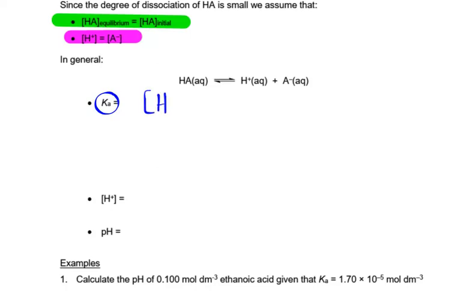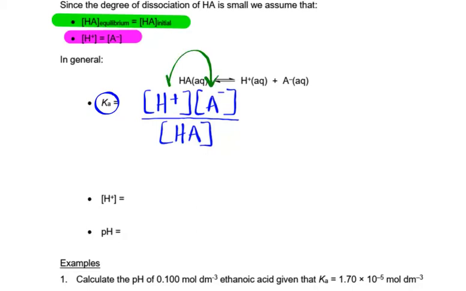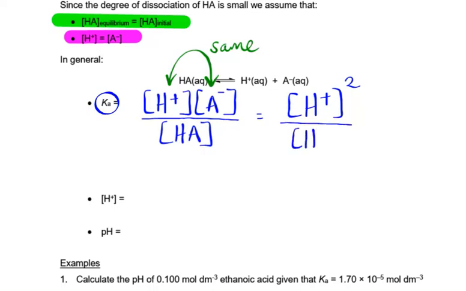So our Ka is the concentration of the hydrogen ions times the concentration of A-, so that's the rest of the acid, divided by the concentration of HA, which is our weak acid. Remember, we're saying that these two things are going to be the same. And if they're the same, then we can say that that's the hydrogen ion concentration squared over HA.